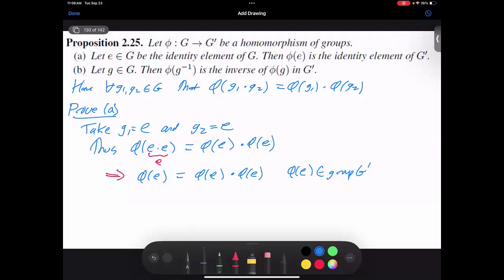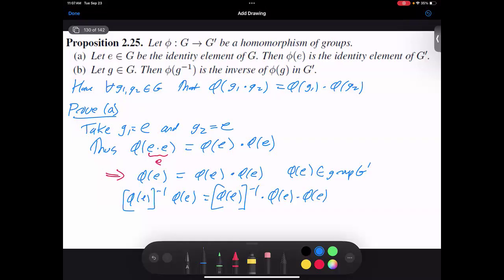Yes. Okay, but I can't say 1 over. So instead of saying 1 over, say the inverse. So I multiply both sides by the inverse. So phi of E inverse times phi of E equals phi of E inverse times phi of E times phi of E.